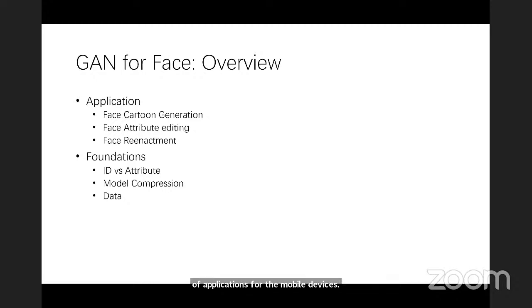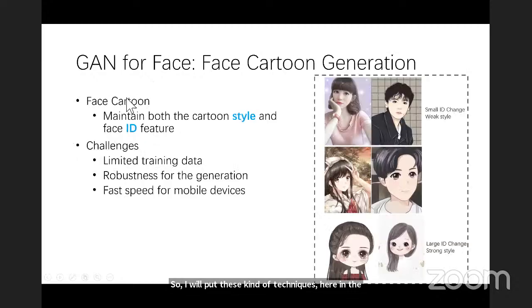Actually, there's a very large gap between academia and industry. For example, in industry, we need to do model compression, and we need to use a lot of data to train the model to keep the robustness of the algorithm. So I will put these techniques in the foundations. So let's move first to the applications.